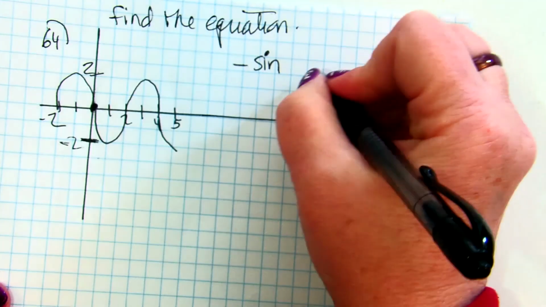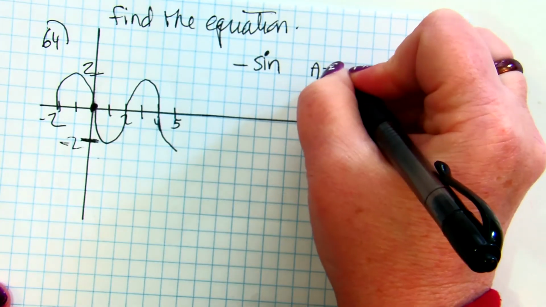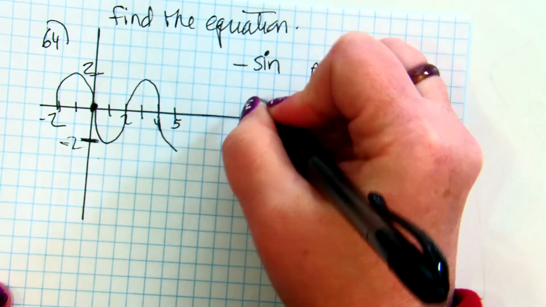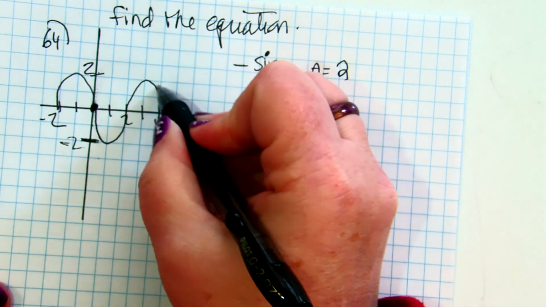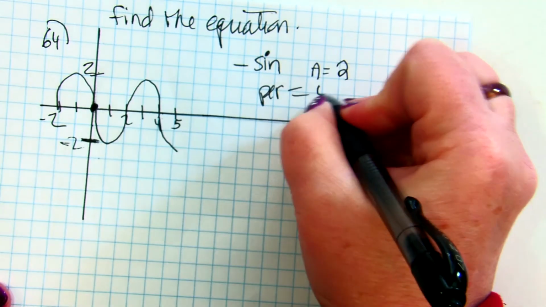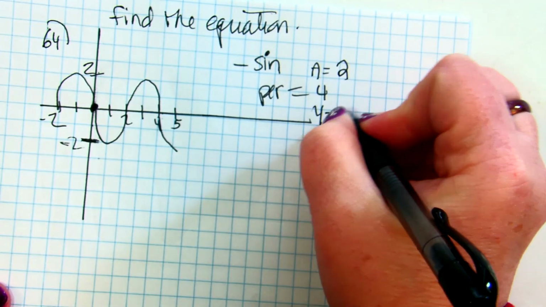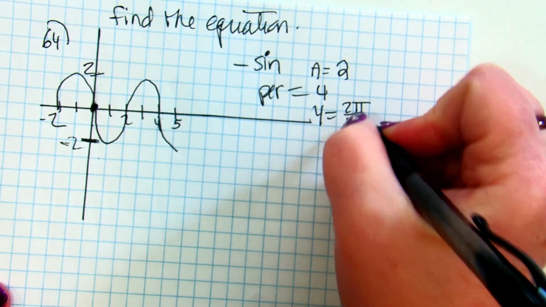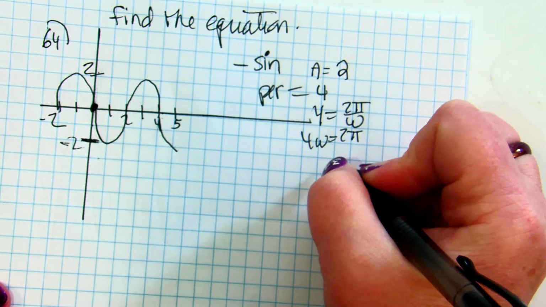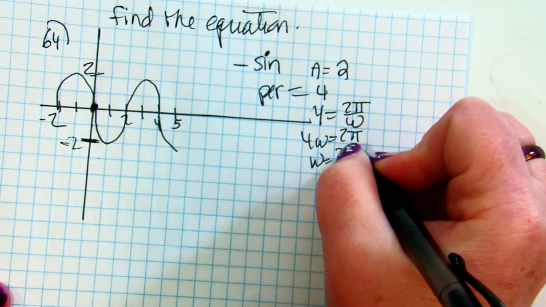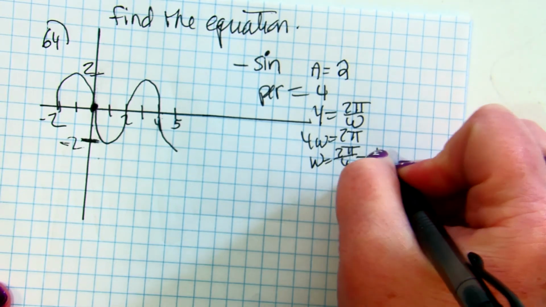What's the amplitude? 2. What's the period? How long does it take to do a complete cycle? 4. So 4 equals 2 pi over W. 4W equals 2 pi. W equals 2 pi over 4 or pi over 2.